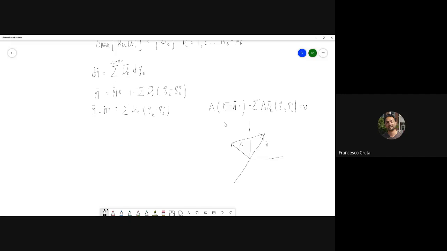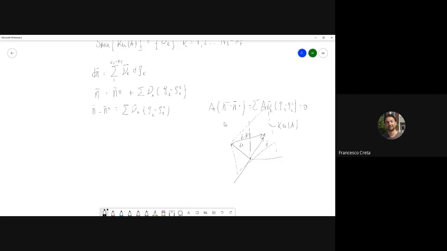This N minus N0 cannot be chosen arbitrarily, but it has to lie on a plane which we call the kernel of A, okay?